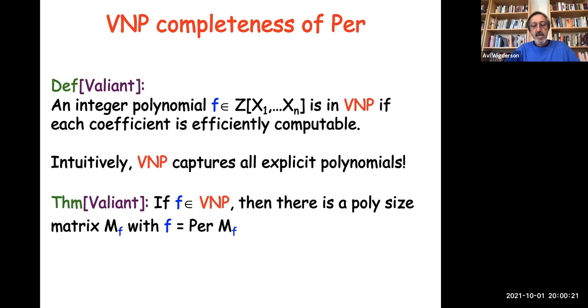Valiant's theorem is that for any polynomial in this very large class, you can translate it efficiently to a matrix, and the permanent of this matrix will equal the polynomial. So everything in this class reduces exactly like before, via affine projections, to the permanent of a matrix that's polynomial in size, polynomial in the complexity of recognizing these coefficients.